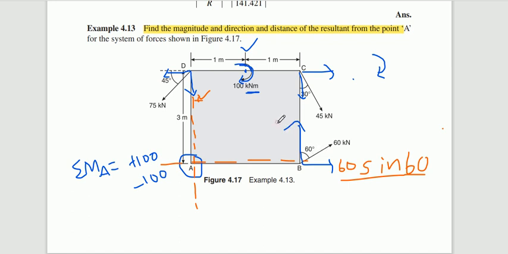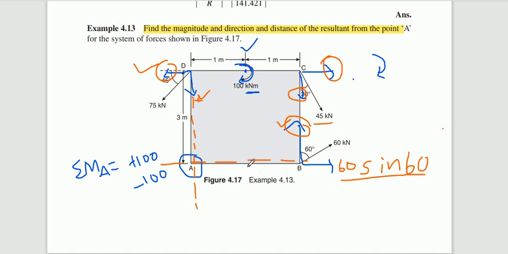That is the moment due to the vertical component of 60 kilonewton, both horizontal and vertical components of 45 kilonewton, and the horizontal component of this force. Moments due to these 4 forces exist, and these 2 will become 0.